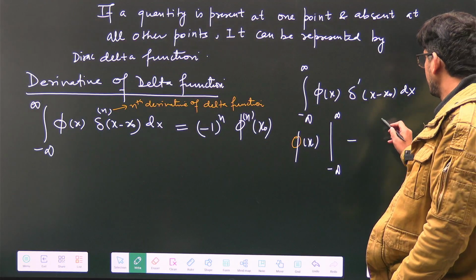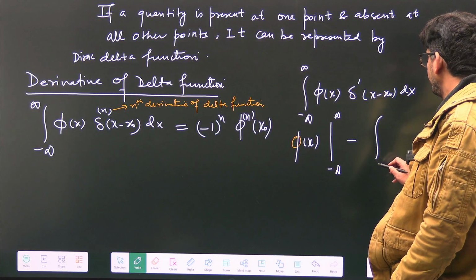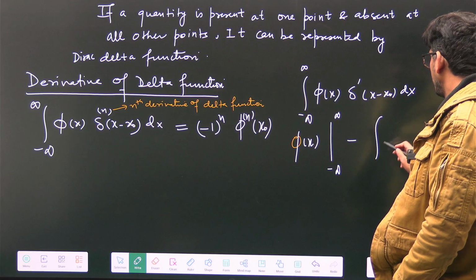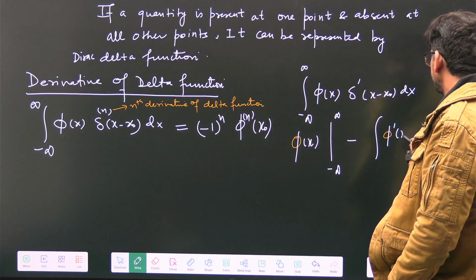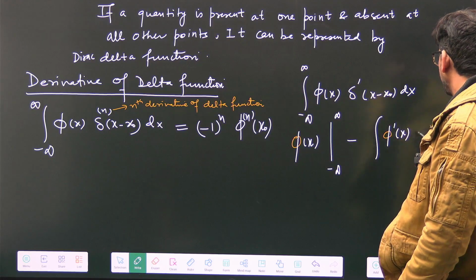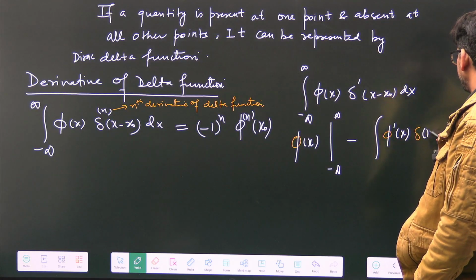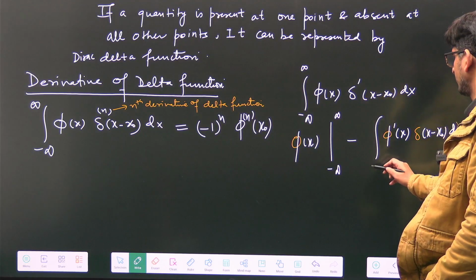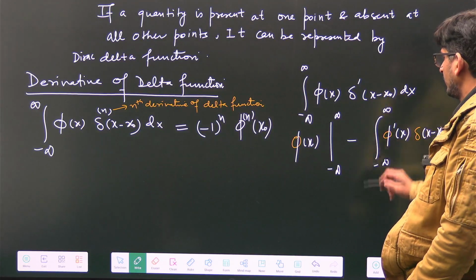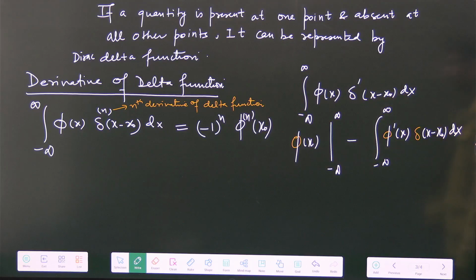Minus integral of differential of first function, integral of second, and dx. It is like this.